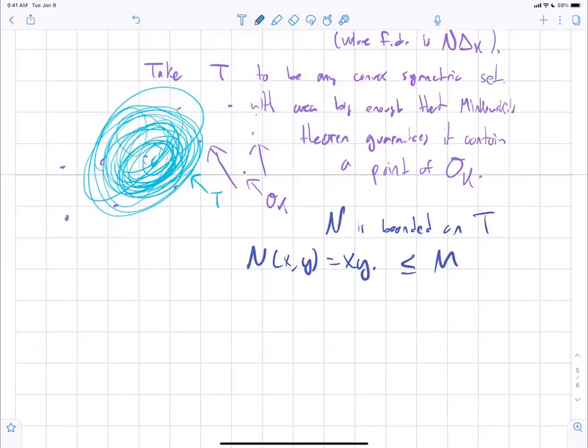So if I look at the region (1/R, R) times T, this is a new region where I just scale.